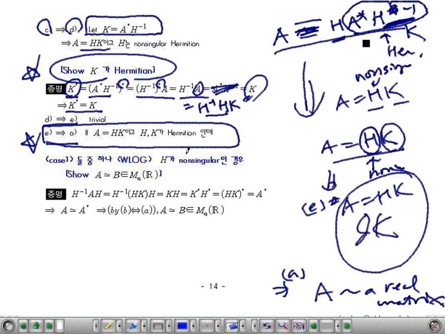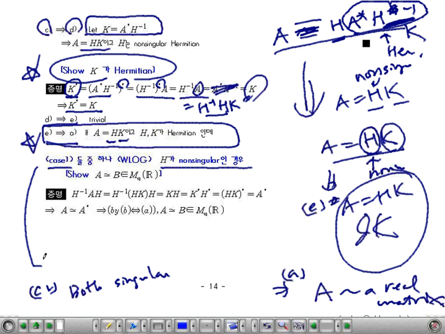Now we divide it into two cases. Case one, one of H and K is non-singular, and case two, both are singular. Not both singular means one of them is non-singular.